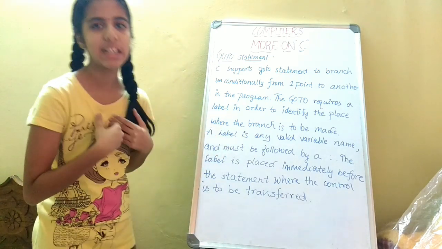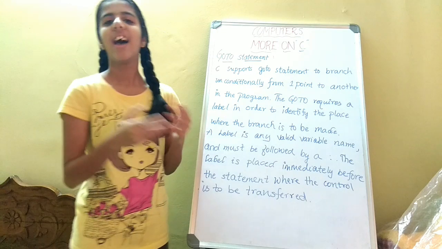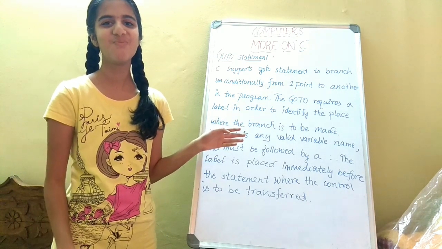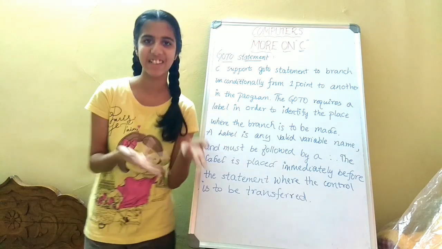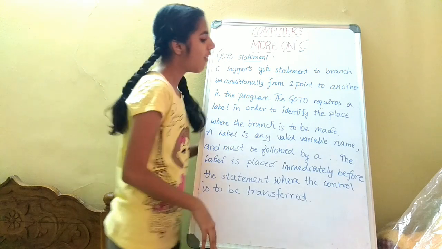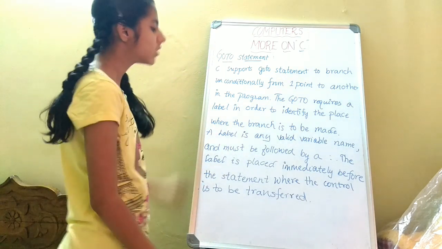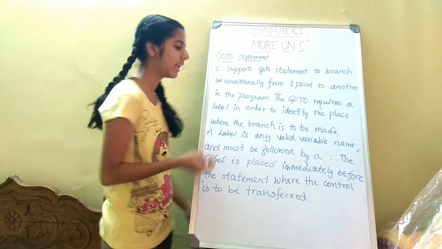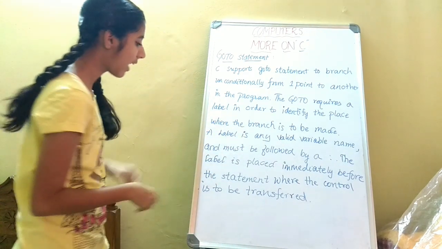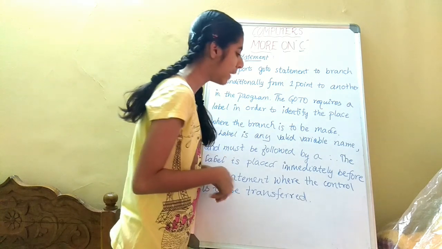Suppose I am staying in Kardaspura, and our branch is some place like Nagarbavi. It is like that. A label is any valid variable name, and it must be followed by a colon.